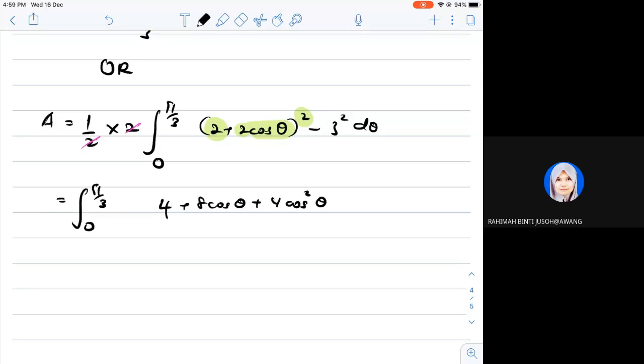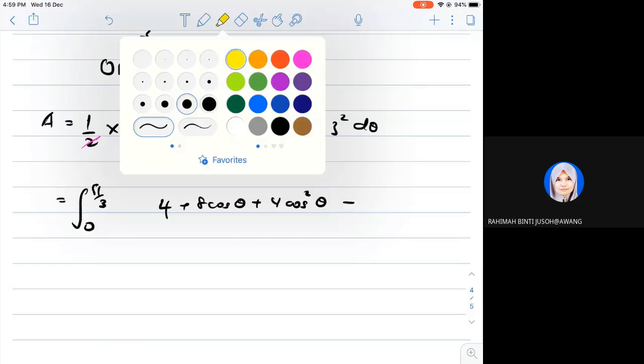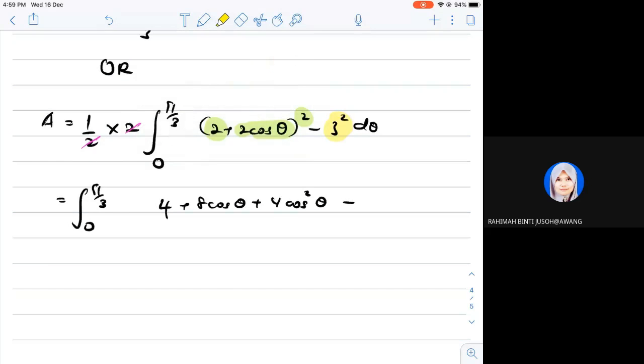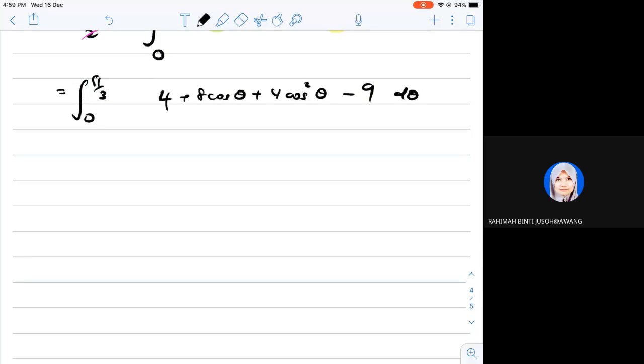Good. And then minus 3 squared, so we have 9. So let us solve this. We will have 0 until pi over 3. 4 minus 9, we will have negative 5, plus 8 cos theta plus 4 cos squared theta d theta.